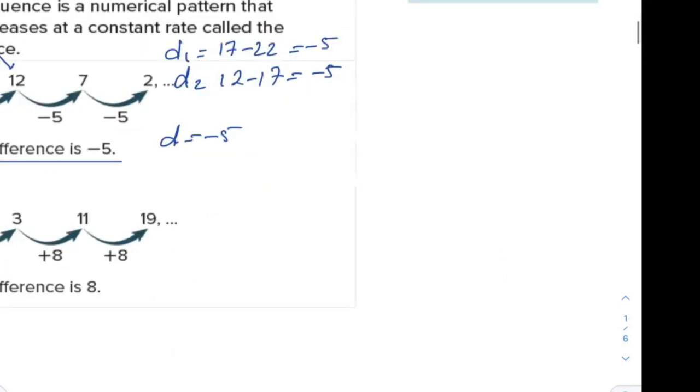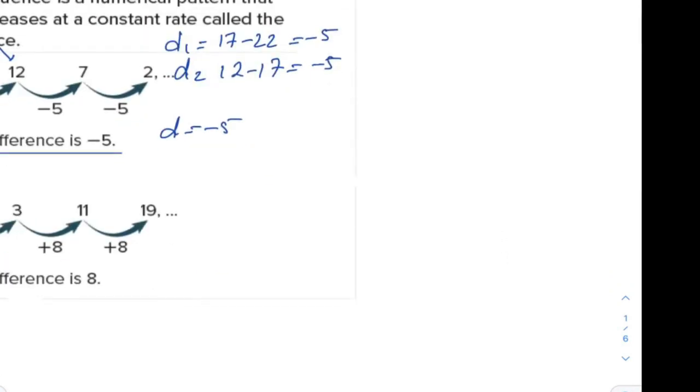For example, there are some sequences that are not called arithmetic sequences. Let's say we have here 2, then 4, then 8, then 16. We can expect that the next term is 32 because each term comes after multiplying by 2. 2 by 2 is 4, 4 by 2 is 8, 8 by 2 is 16.